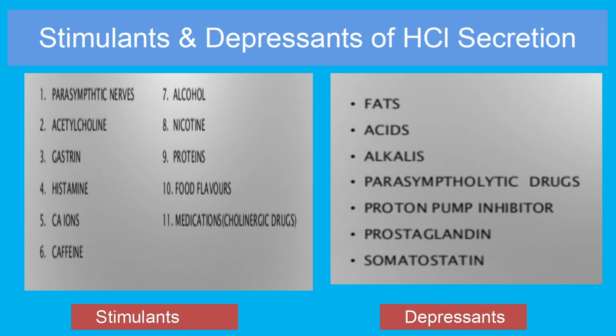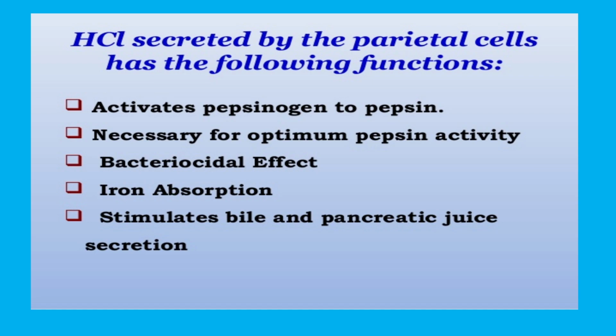All these will act as stimulants for HCl secretion. Then the presence of depressants like fat, acid, alkali, parasympathetic drugs, proton pump inhibitors, prostaglandin, somatostatin, all these will act as depressants for HCl secretion.